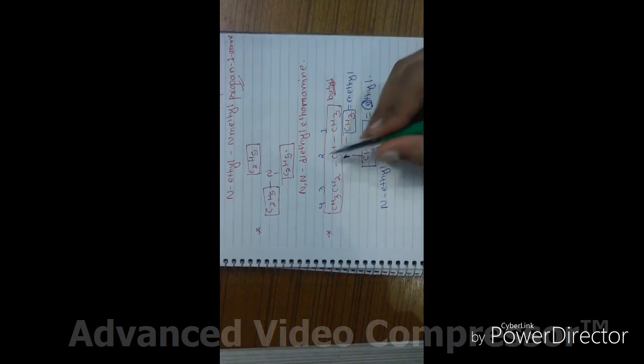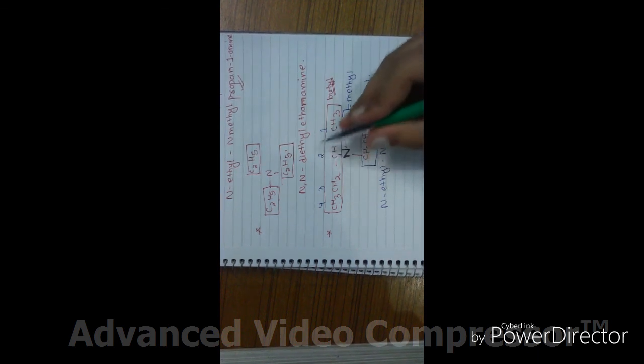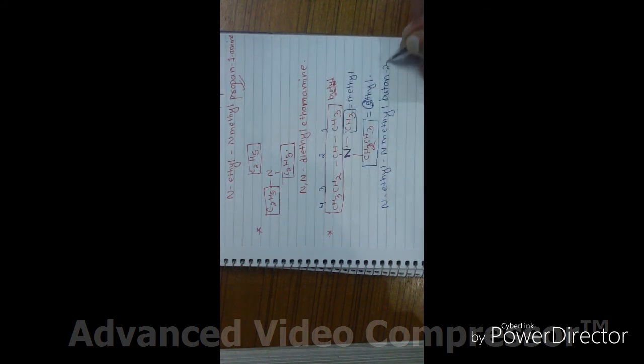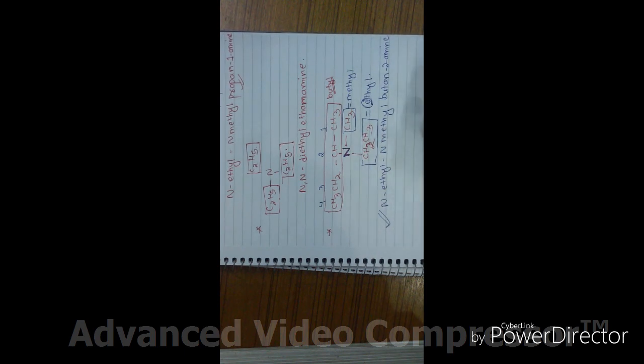So priority goes to the second position, the smallest position. So N-ethyl-N-methylbutan-2-amine, and this is the correct nomenclature for a third degree amine.